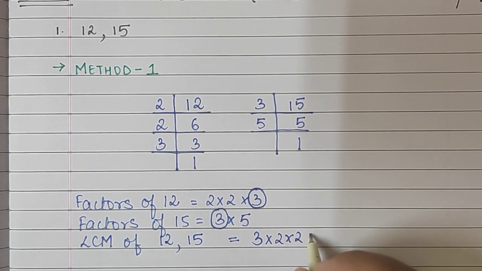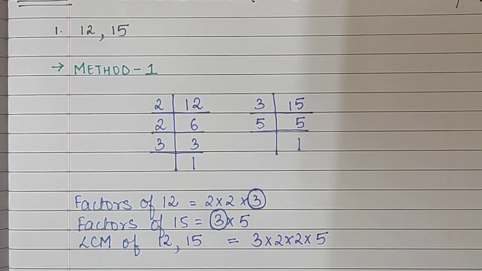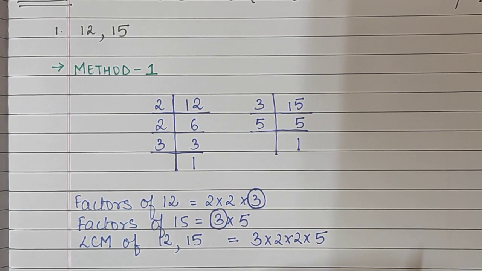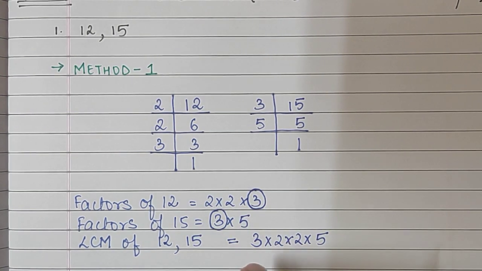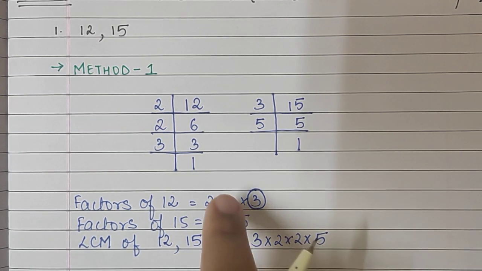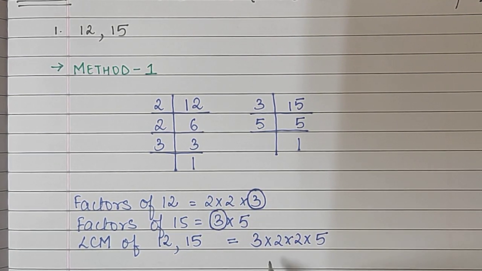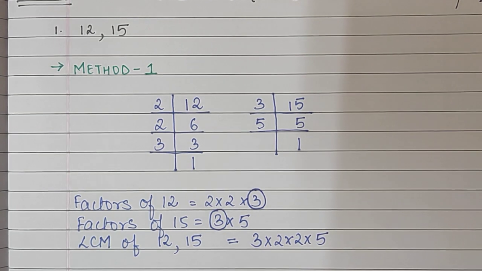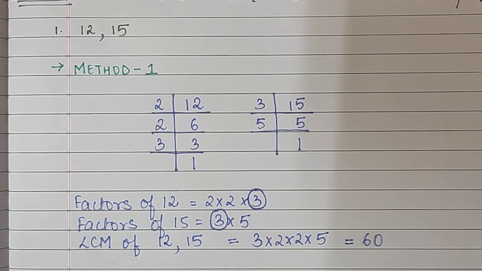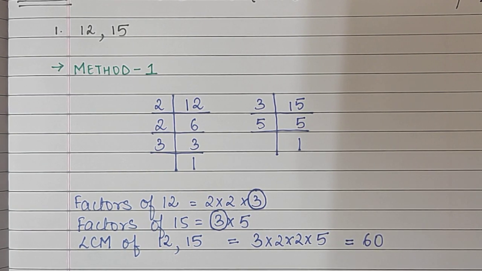This is the only change that we make from HCF to LCM. In HCF we only write the common factors down, but in LCM, after writing what is common, we copy down everything that is remaining. Okay, so after we multiply 3 multiplied by 2 multiplied by 2 multiplied by 5, we get the answer 60. So the LCM of the numbers 12 and 15 is 60.